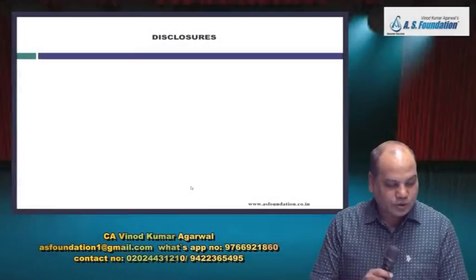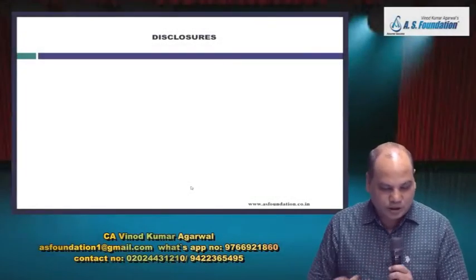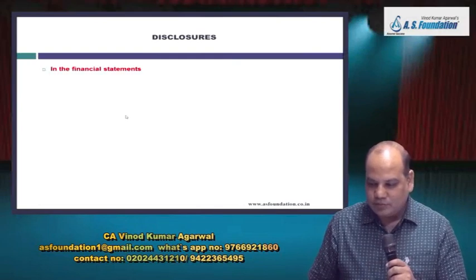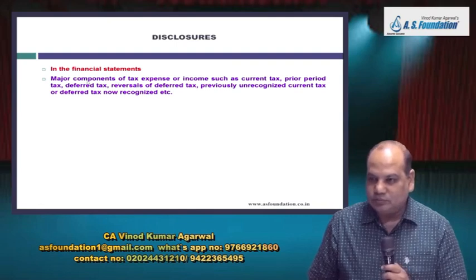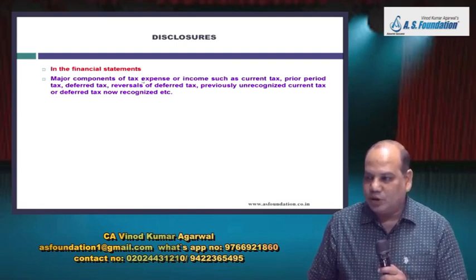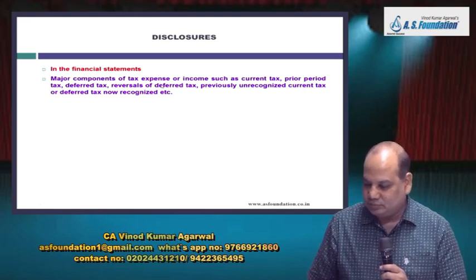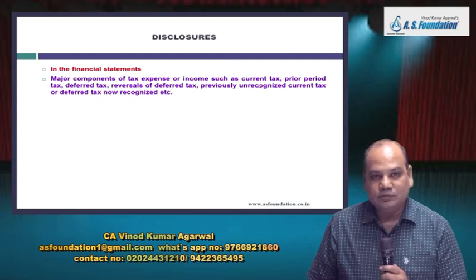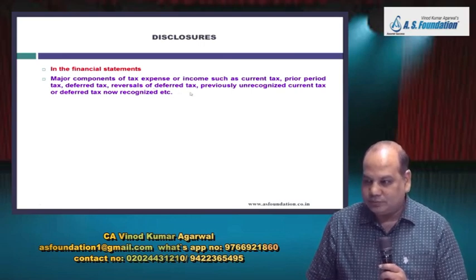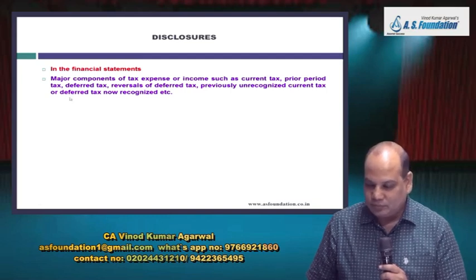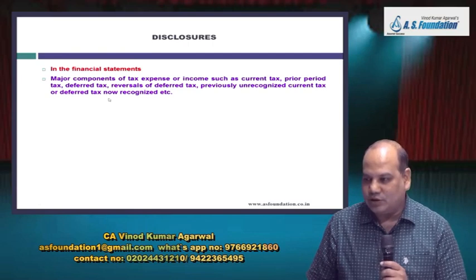Please come to the disclosure part now, the last part of this wonderful standard. In the financial statement, major components of tax expense or income, such as current tax, prior period tax, deferred tax, reversal of deferred tax, previously unrecognized current tax or deferred tax now recognized.